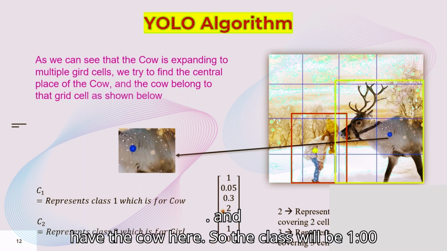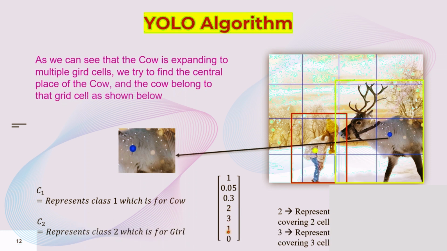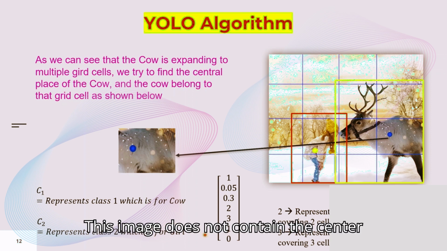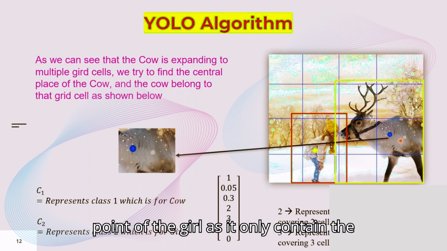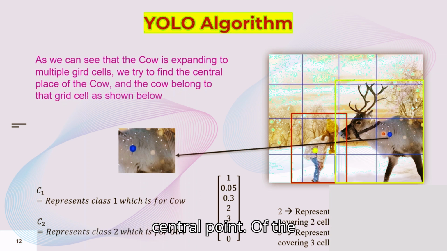So we have 2, 3 over here. C1 represents class 1, which is for the cow, so it will be 1. This cell does not contain the center point of the girl, as it only contains the central place of the cow, so C2, which represents class 2 for the girl, will be 0.